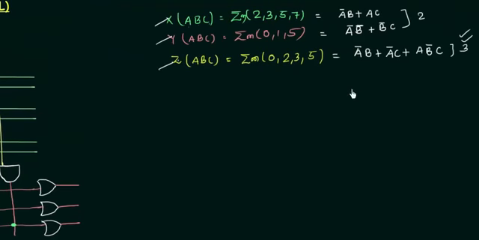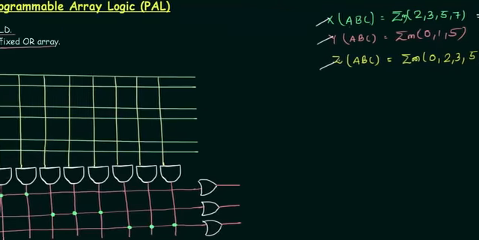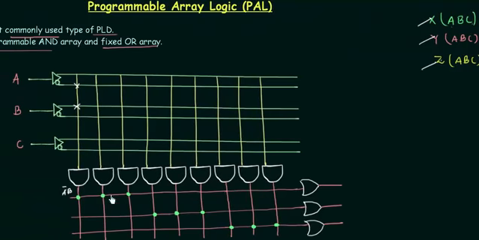The other term was ac, so I will use this AND gate for that. At this point I am having a, and at this point I am having c. So this AND gate gives us a c. Fine, but you can see for the first output x, there are only two minterms. So what about this third AND gate? It will not be used.